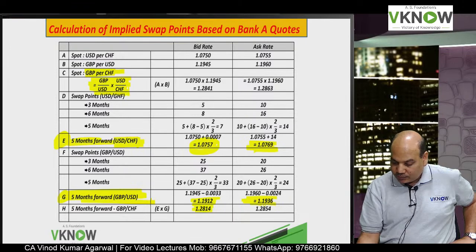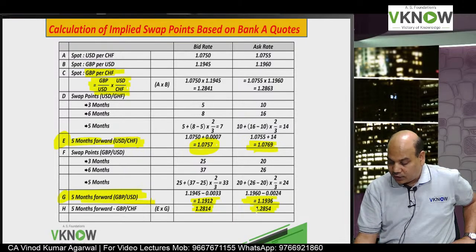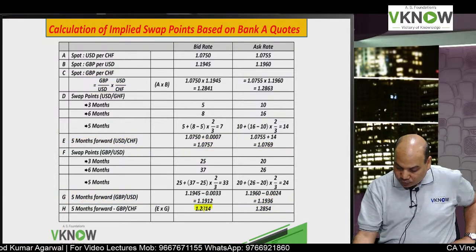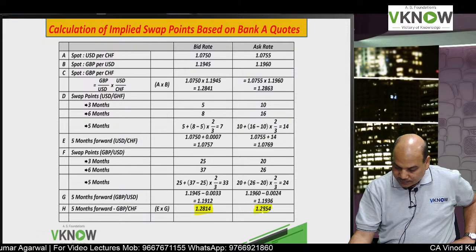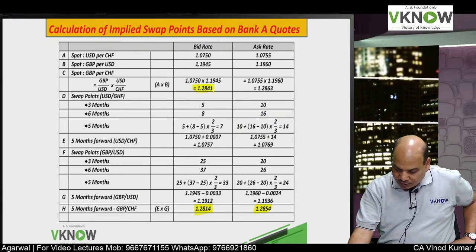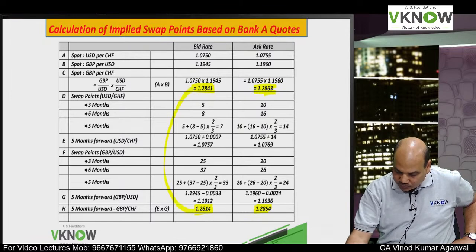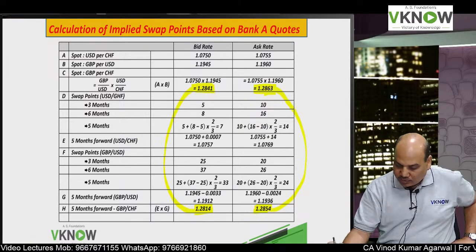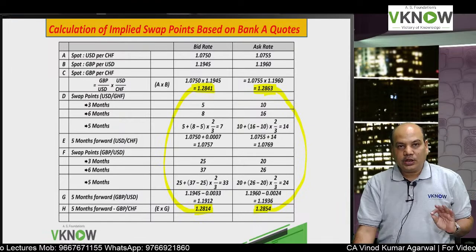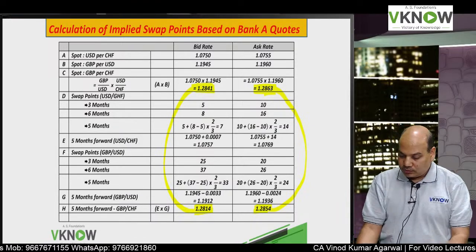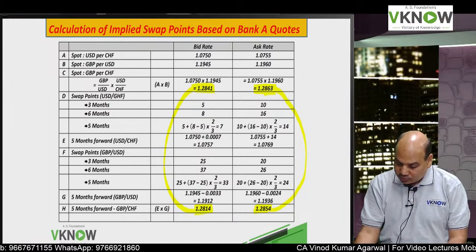Next, 1.2854. Now this is the forward rate and point number C is the spot rate. The difference between forward minus spot will give you the premium or discount.